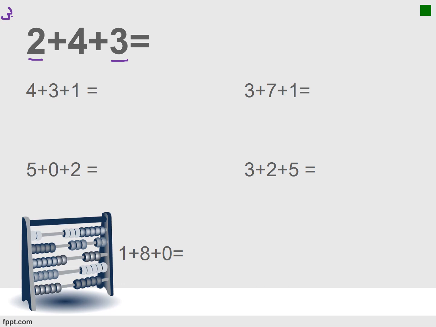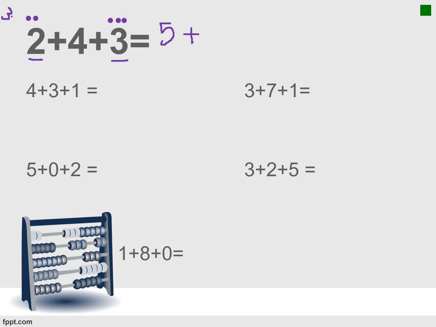First number is 2 and the last number is 3. So 2 plus 3 is 1, 2, 3, 4, 5. So we have added number 2 with number 3.